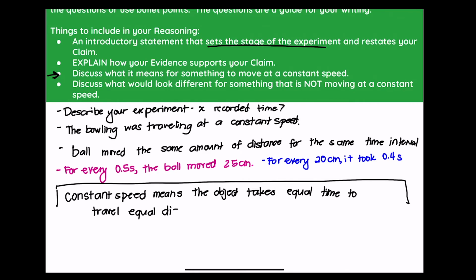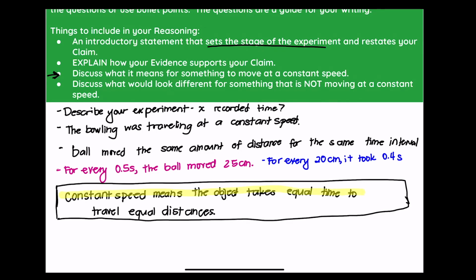Notice here that I didn't calculate what the speed is of my bowling ball, right? I don't really care about what speed my bowling ball is going at. I just really care about what constant speed means. So let me just color this in because this is super important. Constant speed means the object takes equal time to travel equal distances.